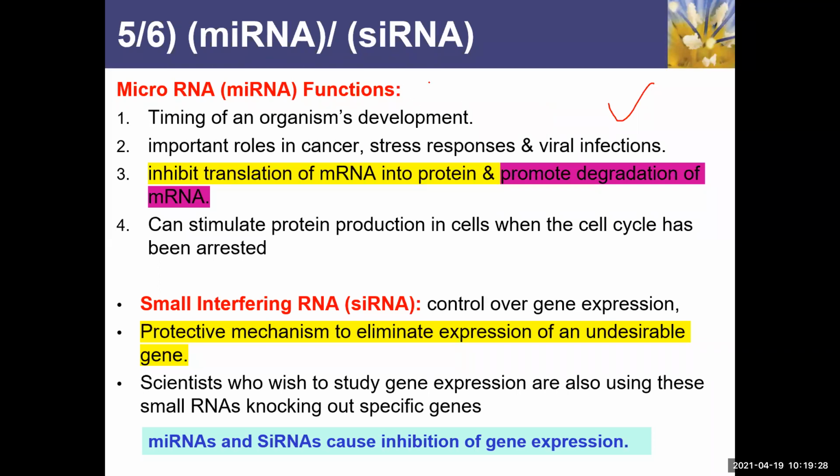So we use both these RNAs in gene silencing. What are the similarities between the two? The microRNA and the small interfering RNA, siRNA, are structurally similar, except that there is a size difference.